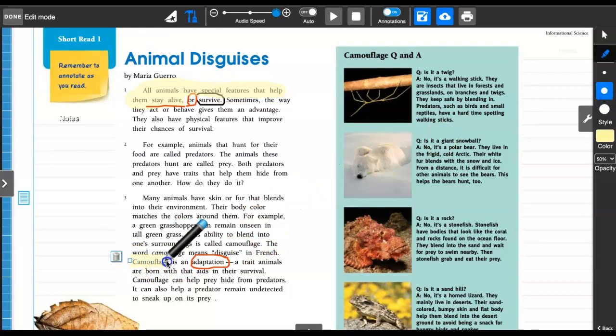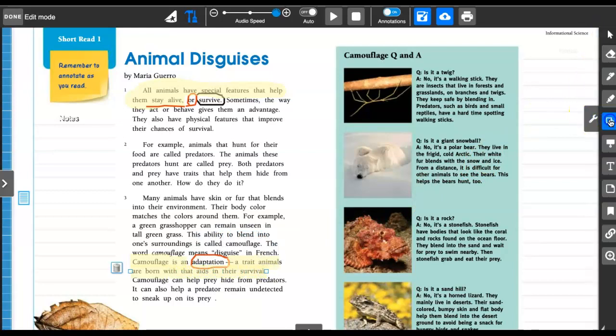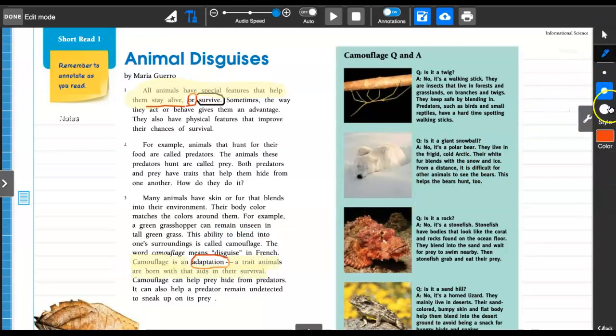So I'm just annotating before and after the word that I'm trying to find the definition of. And I'm trying to see if there's a magic word like the word or in that sentence that I just annotated. And I don't see it. I don't see any clue words like or.